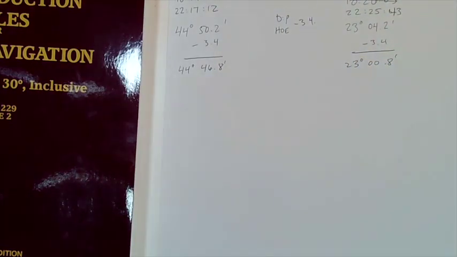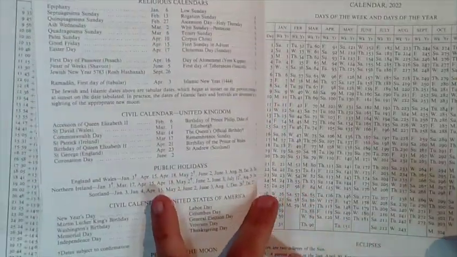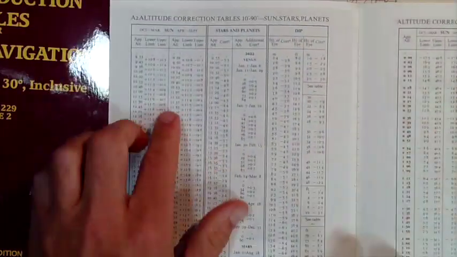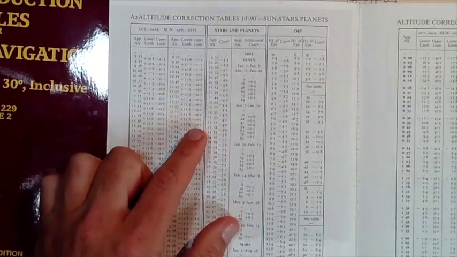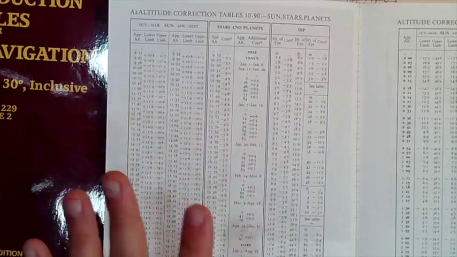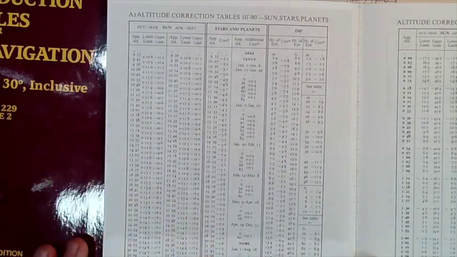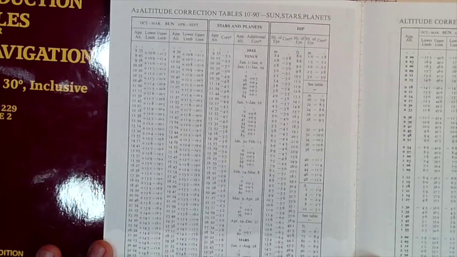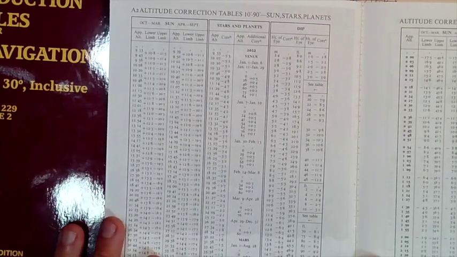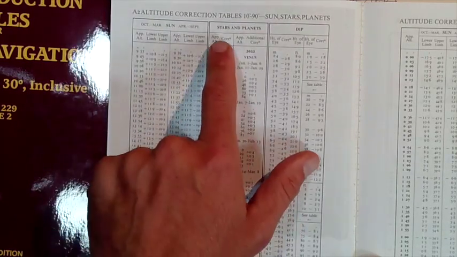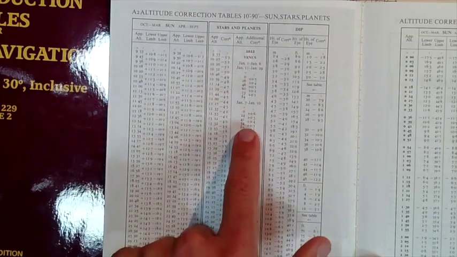The other thing we need to account for in this sighting is some of the apparent altitude corrections. These are also noted in the front of the Nautical Almanac. And before I go too far, the sextant had no errors in it. Sometimes you need to account for the sextant error itself, the index error. Ours are perfectly adjusted, thank you very much. So we don't have to make corrections there. So I'm going to look over here for any planet corrections.